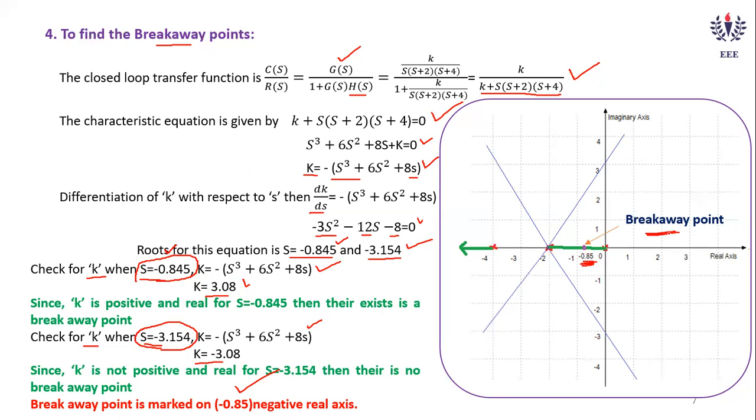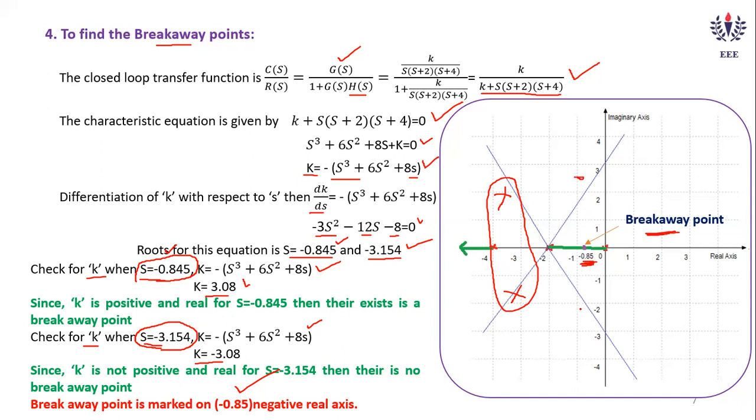Once the breakaway point is done, the next step is to cross-check the angle of arrival and angle of departure. If you have complex poles, then you need to identify the angle of departure.